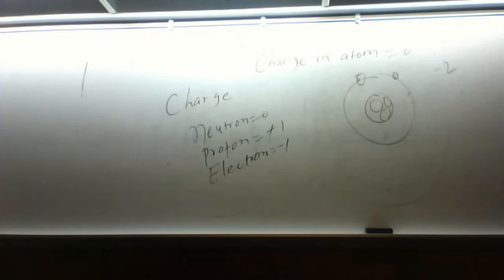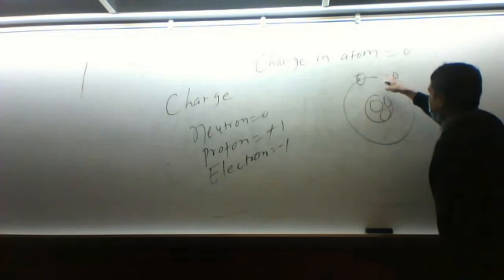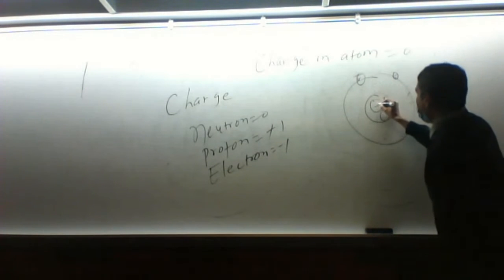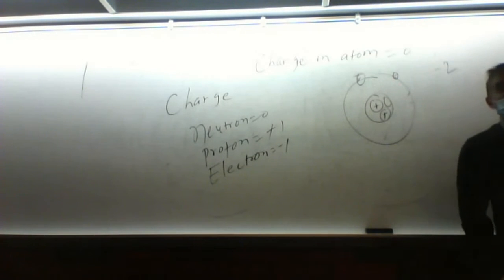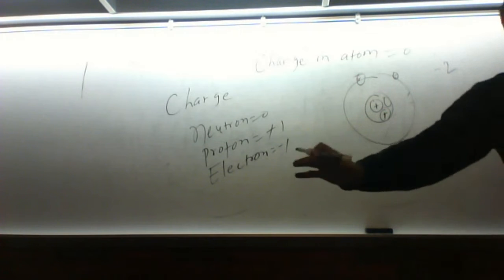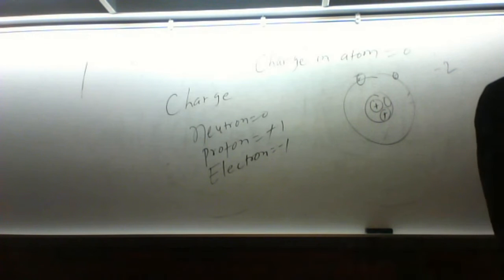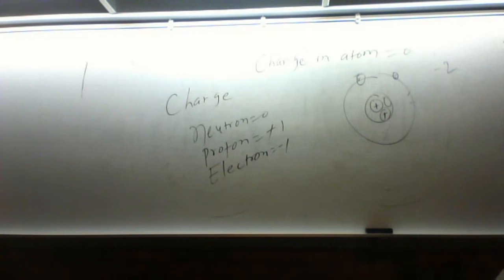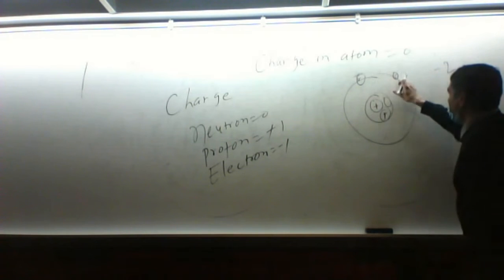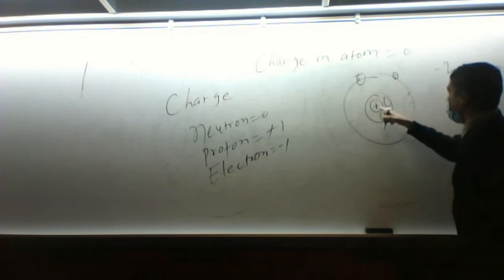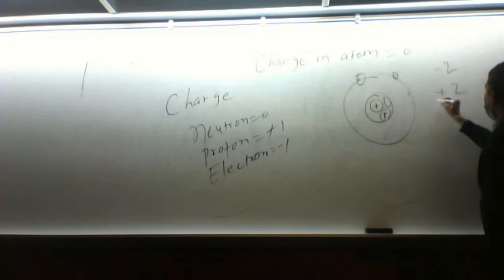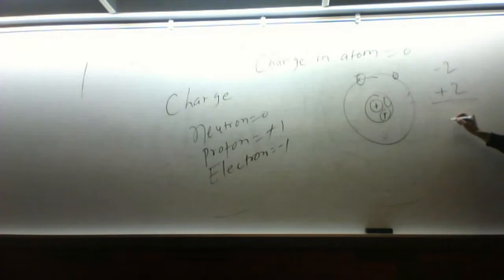If there are 2 electrons, there are 2 negative charges. The number of electrons and the number of protons are exactly the same in an atom. Of any kind of atom, the number of protons and the number of electrons are equal. So there are 2 electrons here, so there are 2 protons here. So +1, +1, so +2. So -2 + 2 is 0, right?